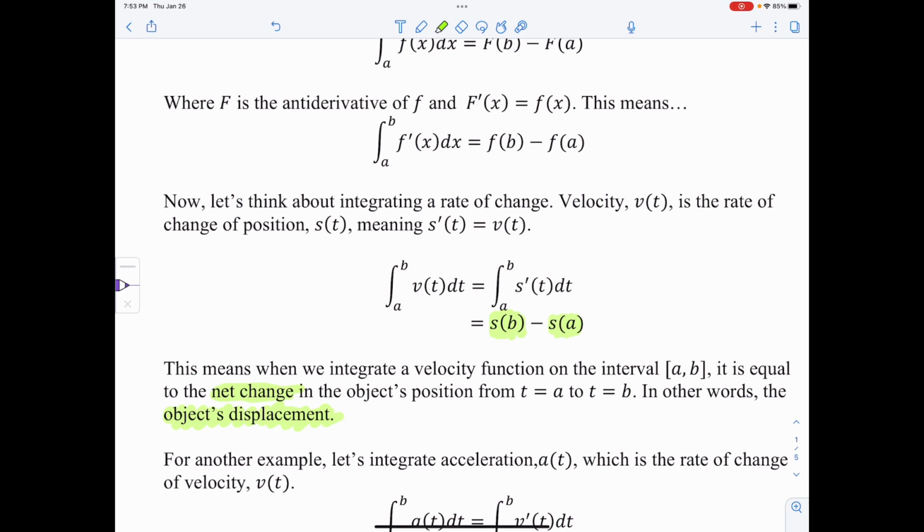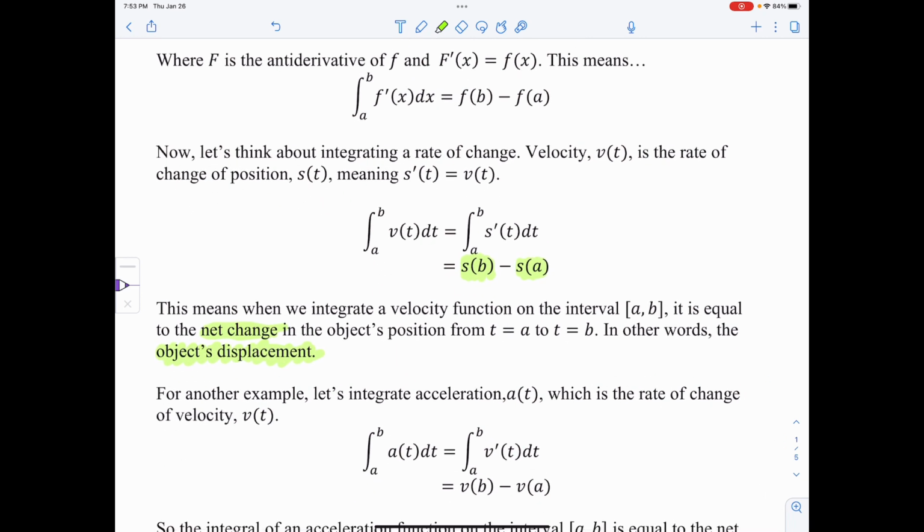Whenever you integrate the velocity function that represents that particle's movement, you end up calculating the particle's displacement, so its distance from its starting position to its ending position.